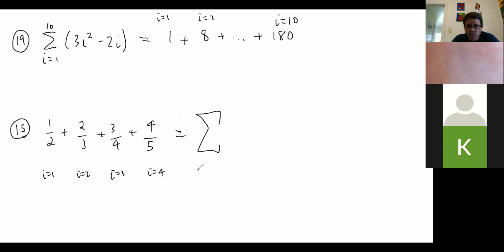If you want to write this as a sum, you want to have 4 terms, so make your counter go 1, 2, 3, 4. And then just look, right? If i is 1, I want to get 1/2. If i is 2, I want to get 2/3. If i is 3, I want to get 3/4. If i is 4, I want to get 4/5.